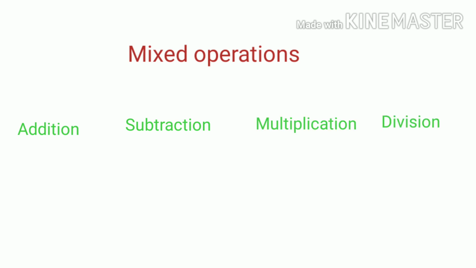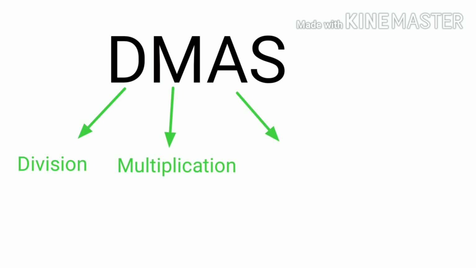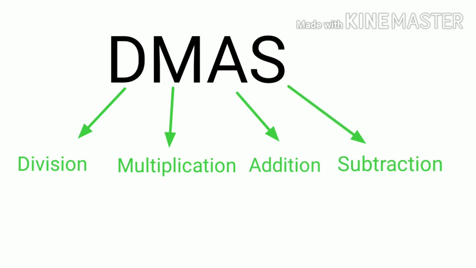Now, in order to solve problems involving mixed operations like addition, subtraction, multiplication and division, we need to follow a rule called DMAS rule. Here, D stands for division, M stands for multiplication, A stands for addition, and S stands for subtraction.